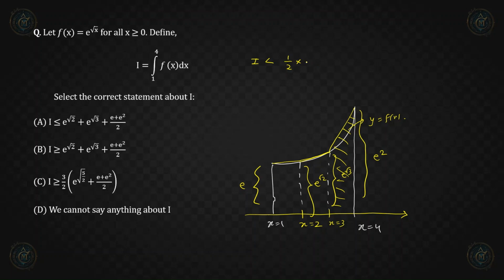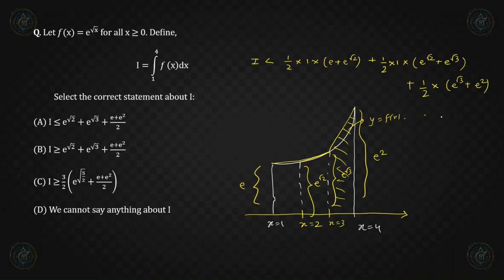So this we can write as half times 1 times e plus e to the power root 2, the area of the first trapezium, plus half times 1 times e to the power root 2 plus e to the power root 3, plus half times e to the power root 3 plus e to the power 2.